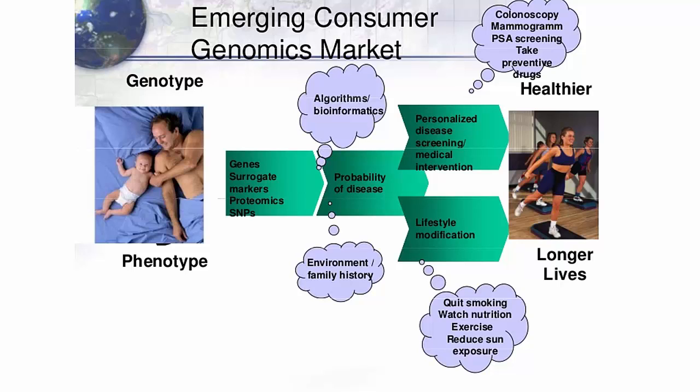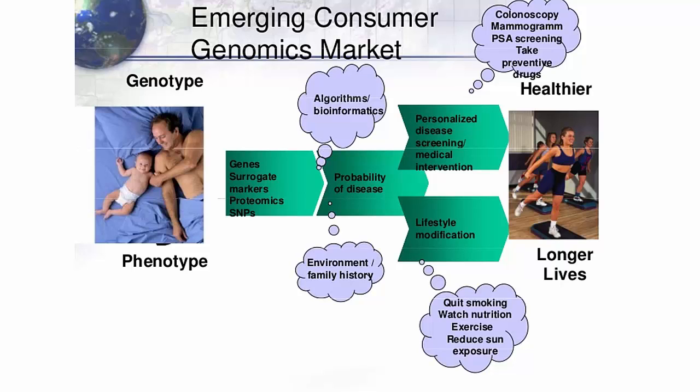The phenotype depends on the genotype that you have and is also influenced by environmental factors. This is important because our systems are going to be looking at the different components of these, whether it's genotype or phenotype, to help think about healthier, longer lives.